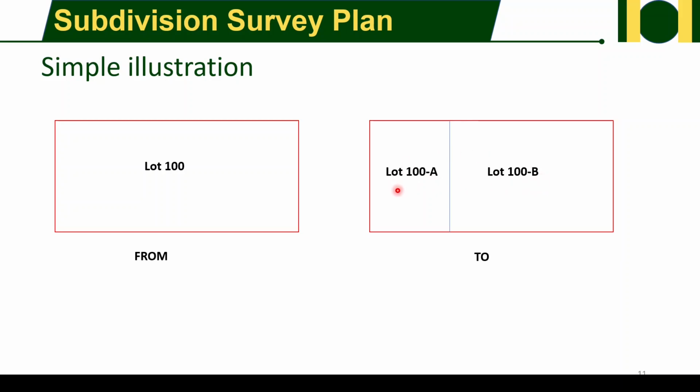For the information of everybody, if we refer to our manual, when we divide a property into several sublots or subdivision lots, we add a dash A. If the lot number is numerical, then the next would be a letter. If it is a letter, then it would be dash 1.